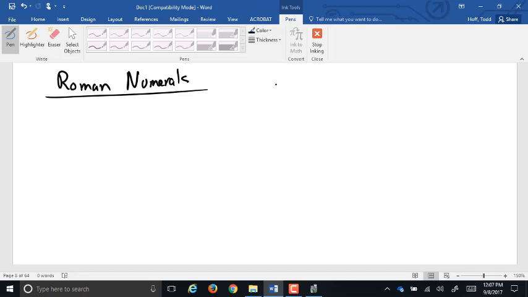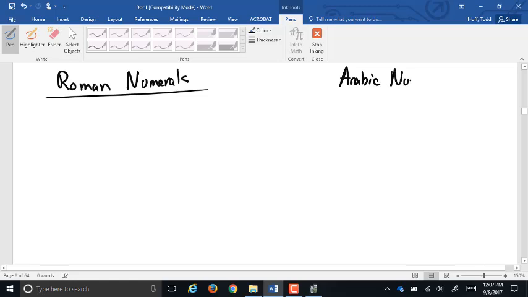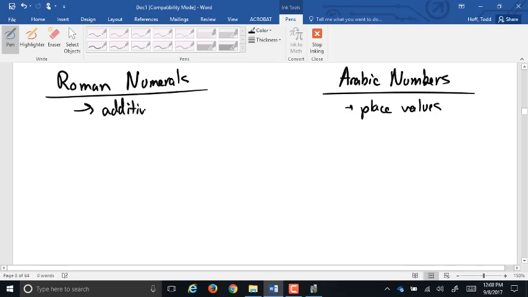The Roman numeral system is very different from our numeral system. We are on Arabic numerals. In Arabic numbers, they go off of place values. The Roman numeral system is what's called an additive system. They just add up as they go.